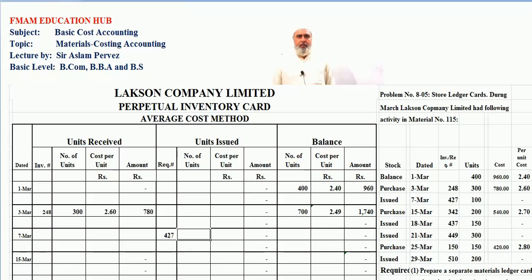The number of units is 100 units. The rate is this rate. Now students, the remaining balance is 700 units minus the 100 units issued to production. The rate is also the same here.